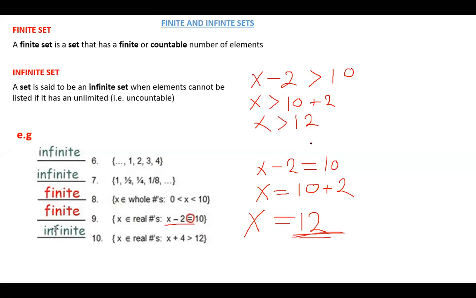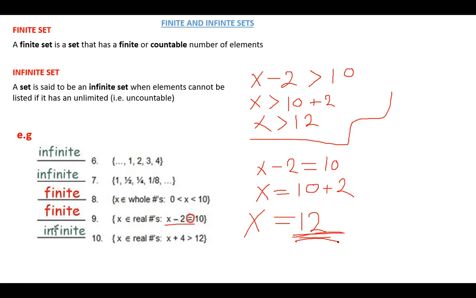So this one is not a finite set, and it's not a singleton set. The earlier one is a singleton set because this x is directly pointing at 12. There is only one element. X is just equal to 12.